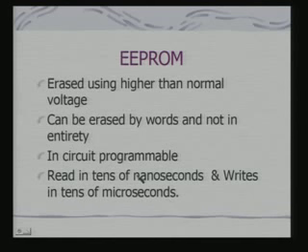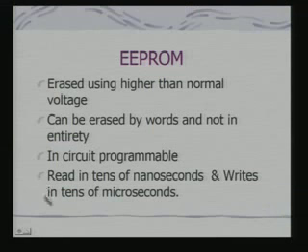Electrically erasable PROM is erased using higher than normal voltage, because then you can force the charge to flow out and the cell can be rewritten. It can be erased by words and not in entirety. What does that mean? Not the entire memory area has to be cleared, but each word can be cleared. It is in-circuit programmable, and these are the typical times for EEPROM.